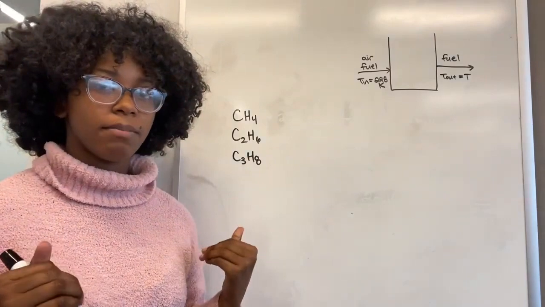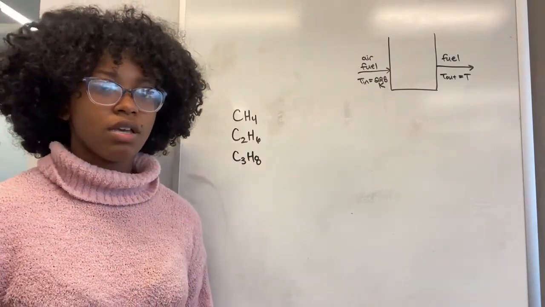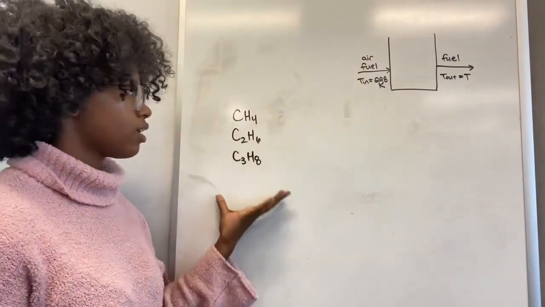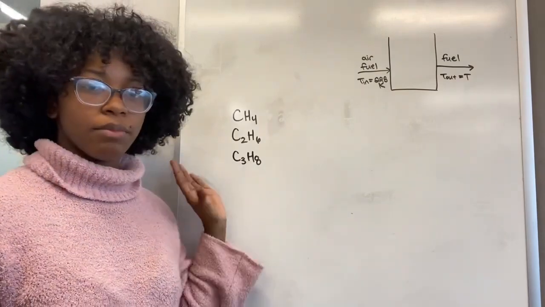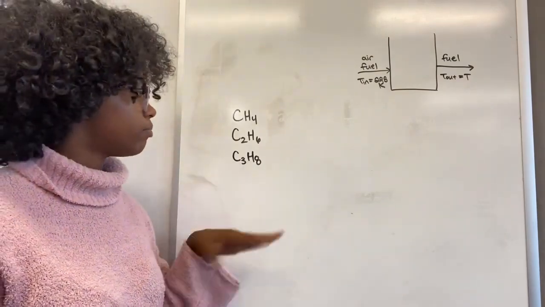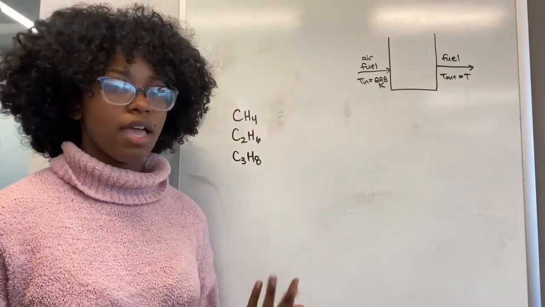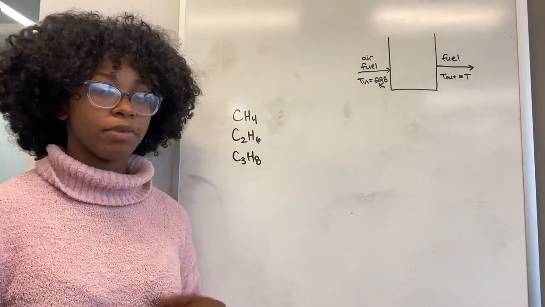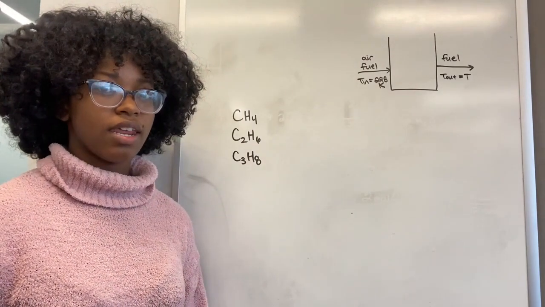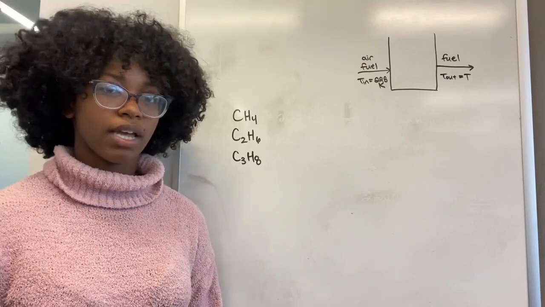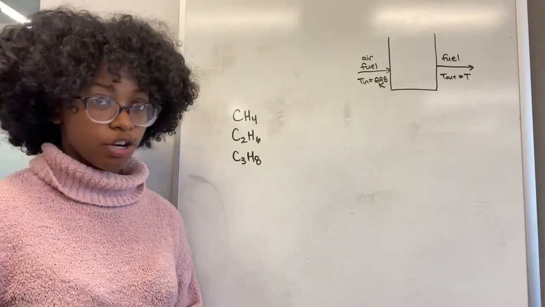So a typical combustion process would be to take our beginning compounds and burn them with oxygen, and as a result we'll get carbon dioxide and water.